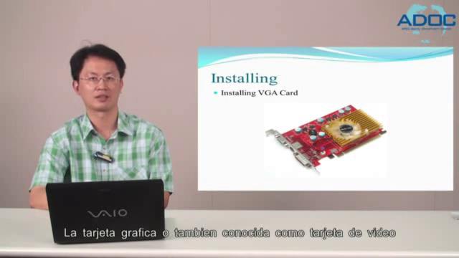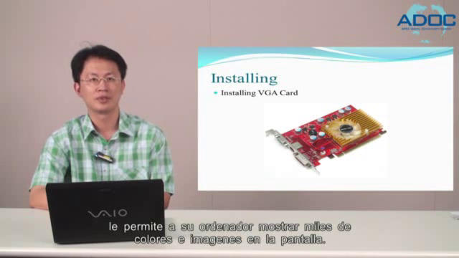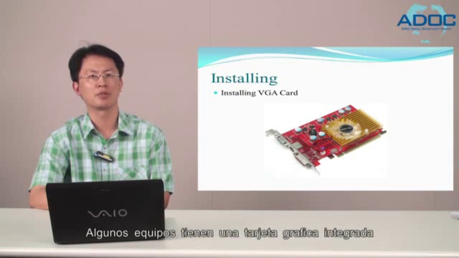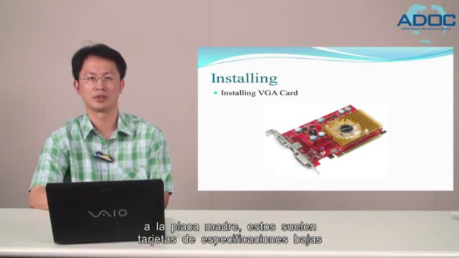And the graphics card, or video card as it is also known, allows your computer to display thousands of colors and images to your display. Some computers have a graphics card built into the motherboard.